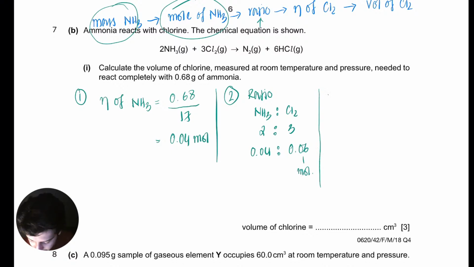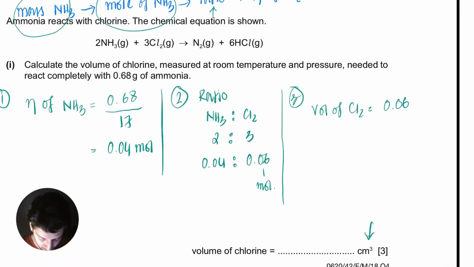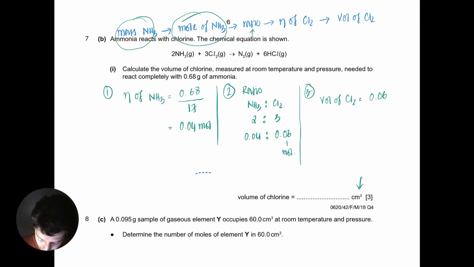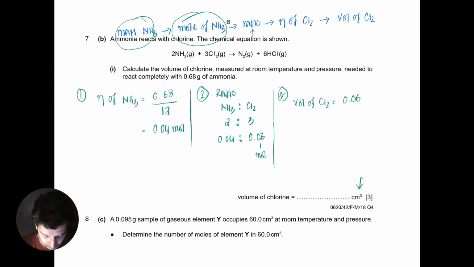Last but not the least, I have to find out the volume of chlorine. The volume of chlorine is going to be 0.06. And this time around they're asking in centimeter cube, which I'm not too happy about because I ran out of space. But I could have written down 24 decimeter cube.